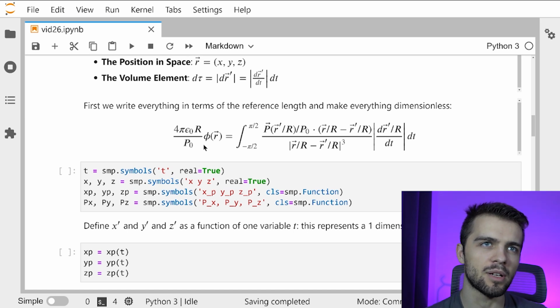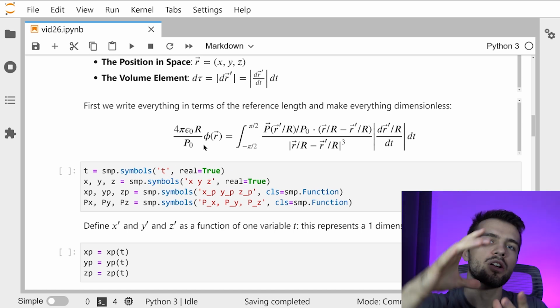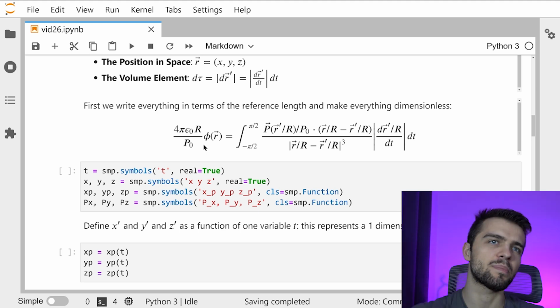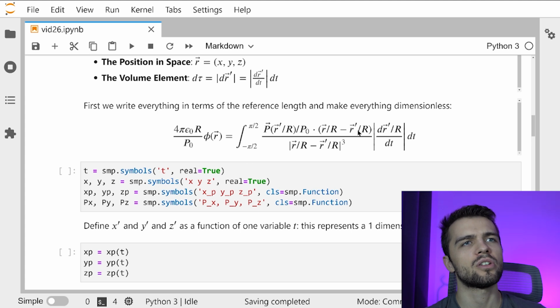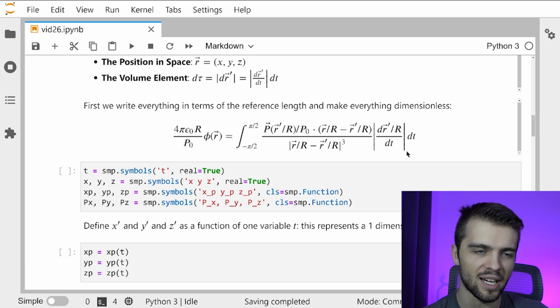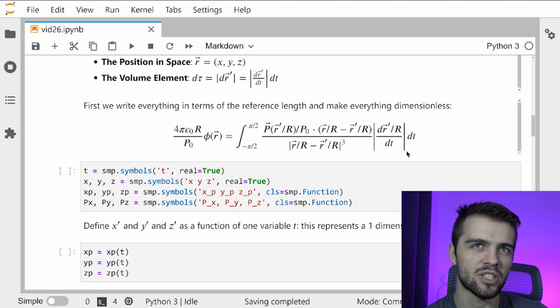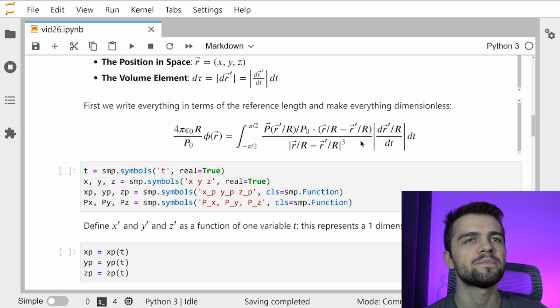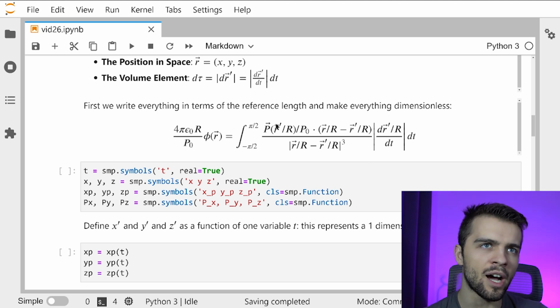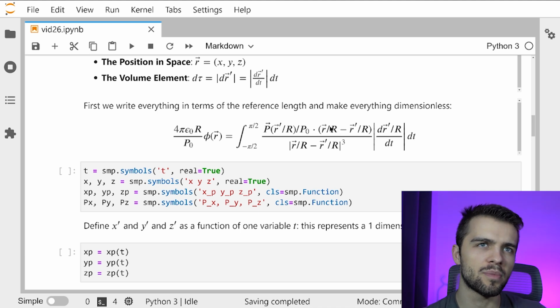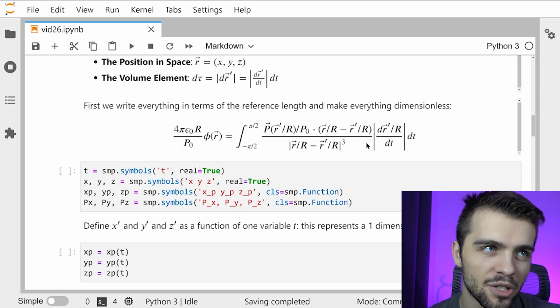It keeps the problem dimensionless in terms of the reference length R, because remember, 2R is the radius of the helix in space. So I divided by R's, so this is dimensionless on the left-hand side and also dimensionless on the right-hand side. This is something I focus a lot on in my more basic videos, so I suggest checking those out if you don't know what's going on here. And so now, rather than writing r prime over R and r over R everywhere, I'm just going to assume that all the length things are divided by capital R, so it keeps things a little easier.